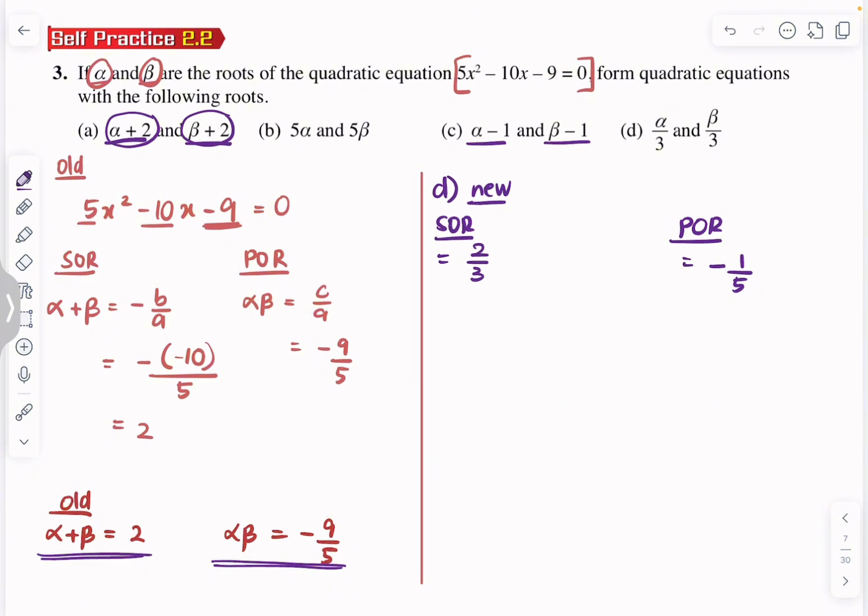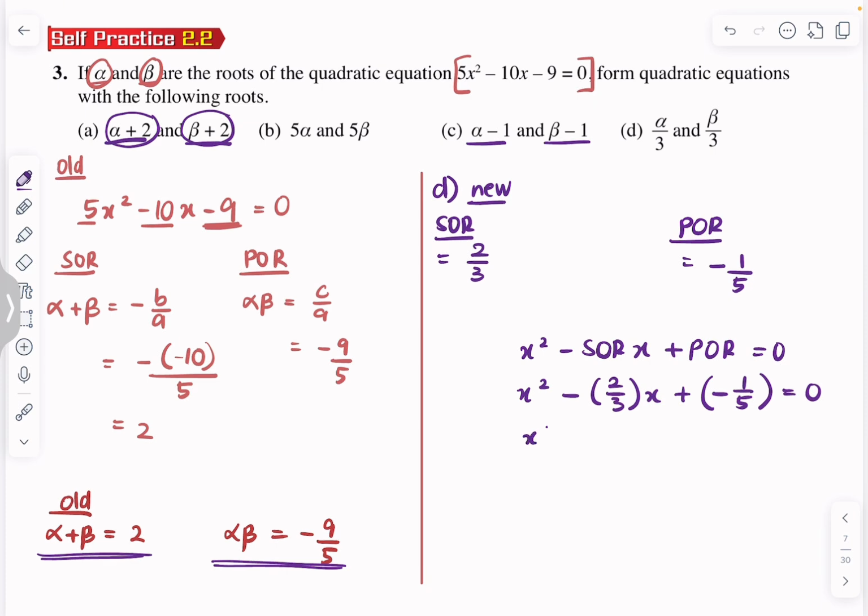So now we can put it in our general equation. x squared minus SOR x plus POR equals 0. x squared minus 2 over 3 x plus negative 1 over 5 is 0. Okay, so now we have two different denominators. To get rid of them, we can maybe multiply with 15.